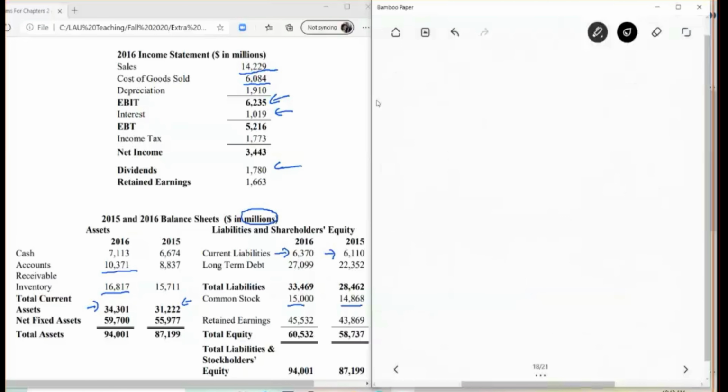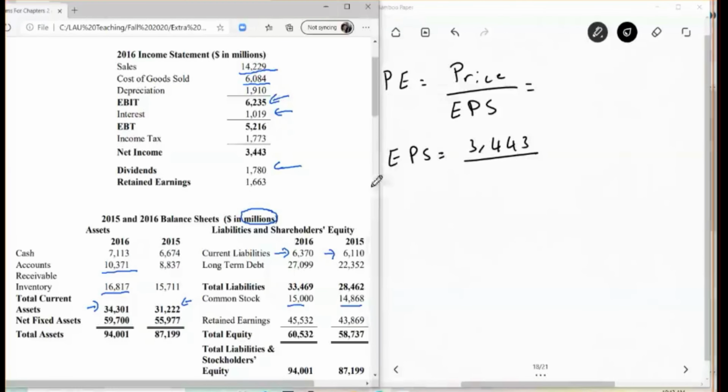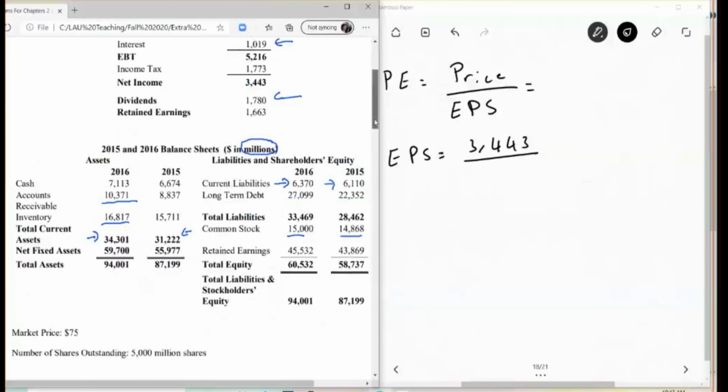Now for the last category, I start with the price to earnings ratio. The price to earnings ratio equals the price per share divided by the earnings per share. Earnings per share equals net income, 3,443, divided by the total number of shares, 5,000.